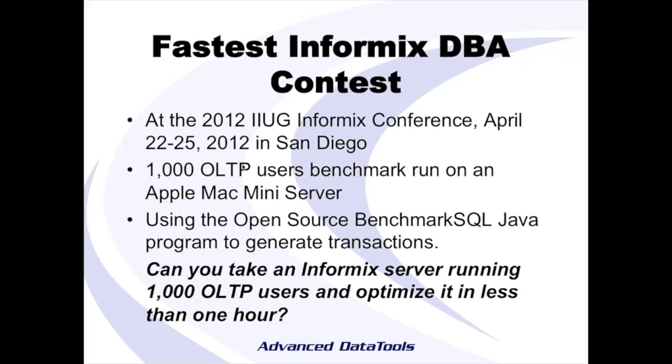We used an open source benchmark SQL program to generate the transactions. And this is something you can go download and try and use it on other databases to compare your results with what other databases do. And the challenge is, can you take an Informix server running 1,000 users and optimize it in less than 1 hour? Actually, in about 40 minutes is all the time you have.